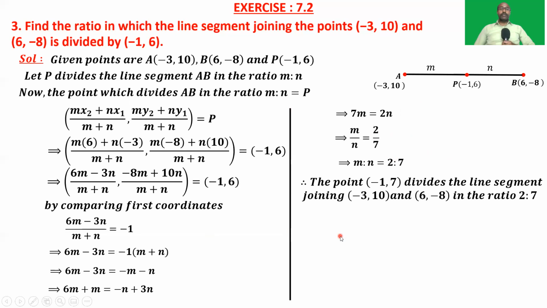Now, next problem. If 1 comma 2, 4 comma y, x comma 6 and 3 comma 5 are the vertices of a parallelogram taken in order, find x and y. So here it is given that these 4 points are the vertices of a parallelogram.